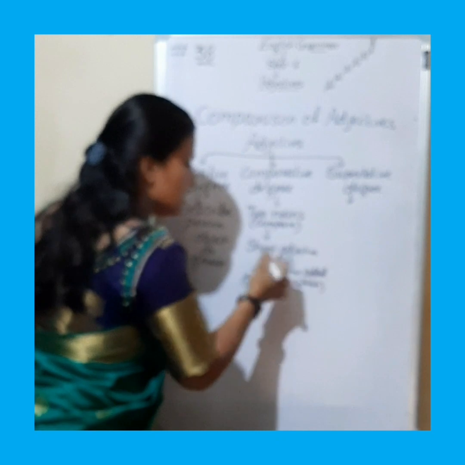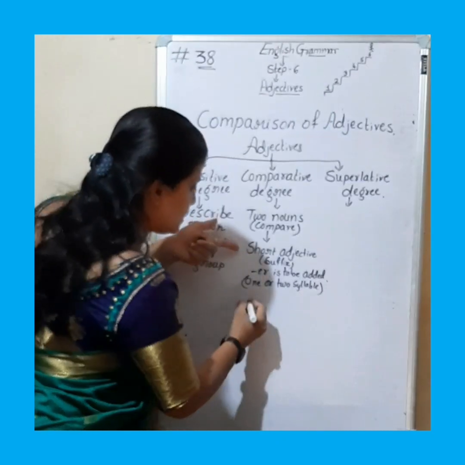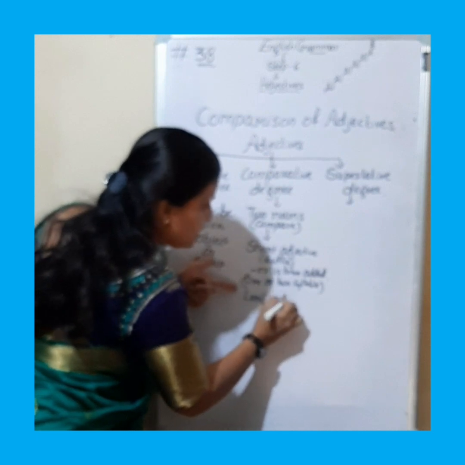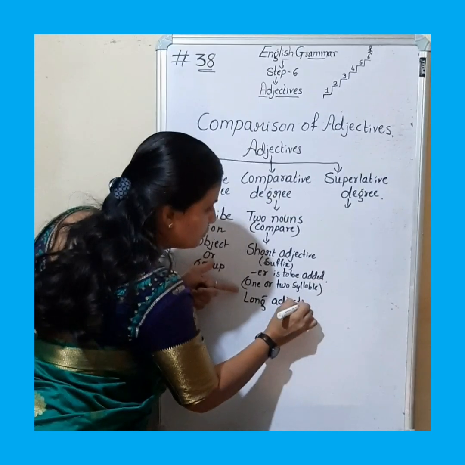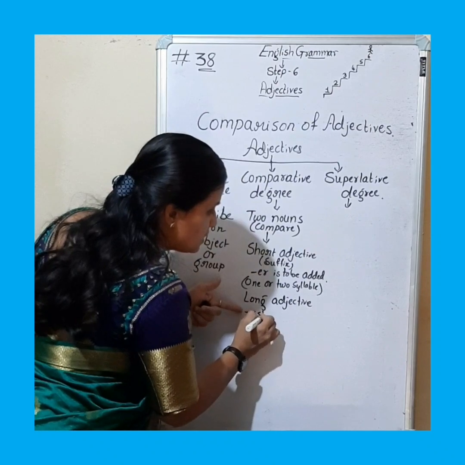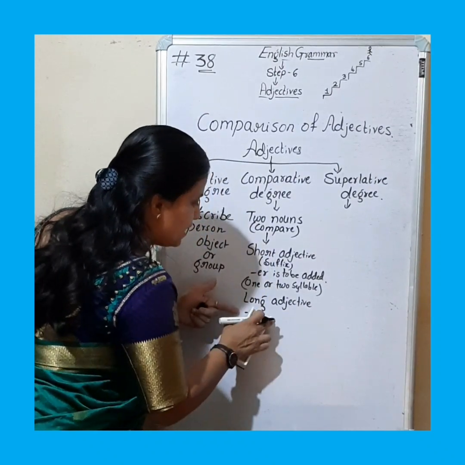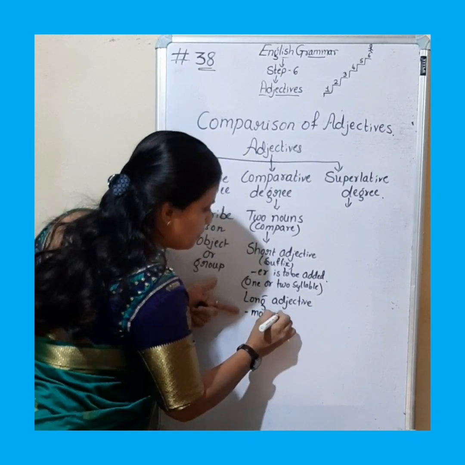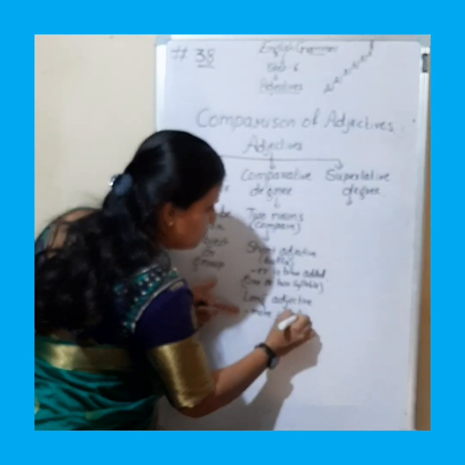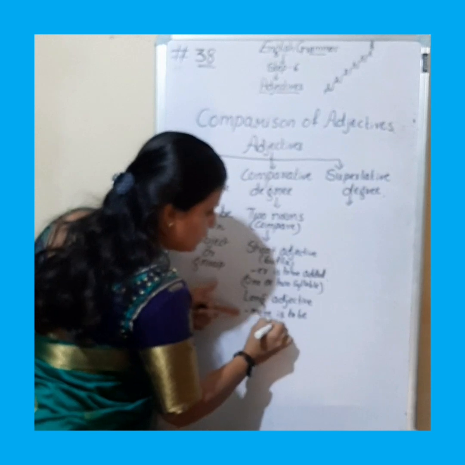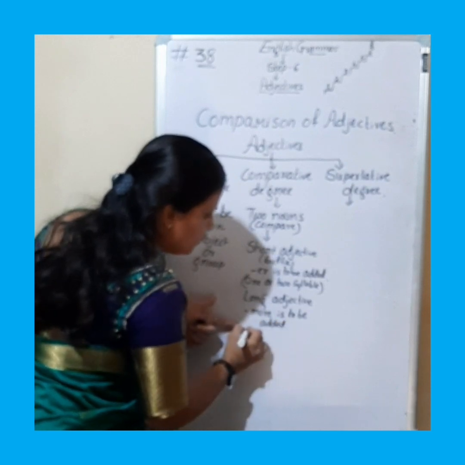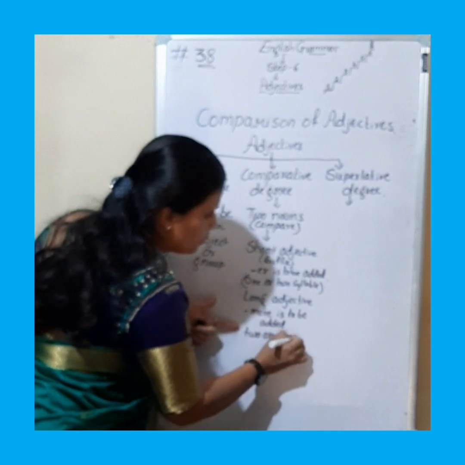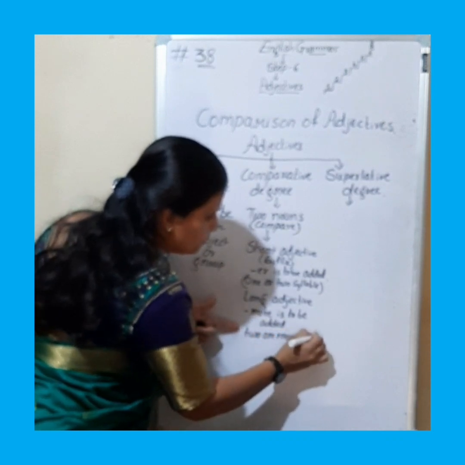So suffix er is to be added. In case you have a long adjective, then more is to be added, when it has 2 or more syllables.